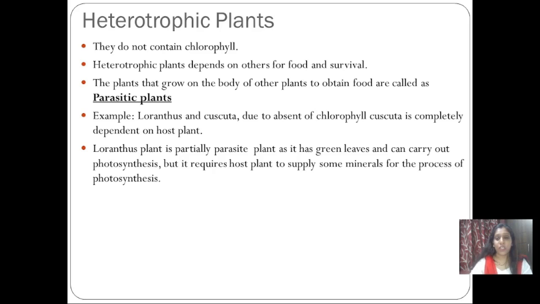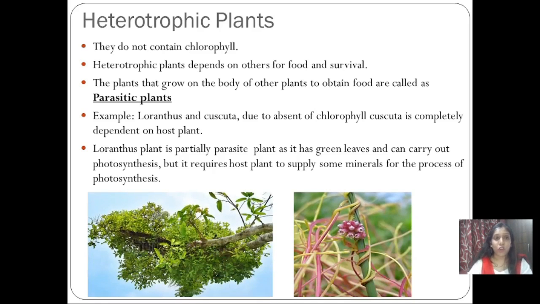So children, below are the two images of Loranthus plant on your left and Cuscuta plant on your right. The Loranthus plant is green, which can do the process of photosynthesis, but it also requires the host plant. So it is a partially parasitic plant.